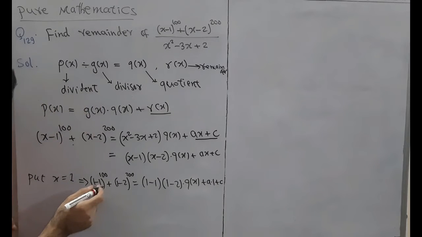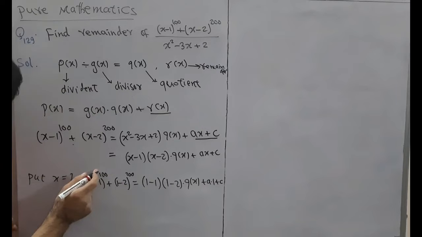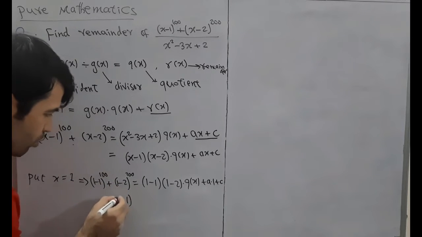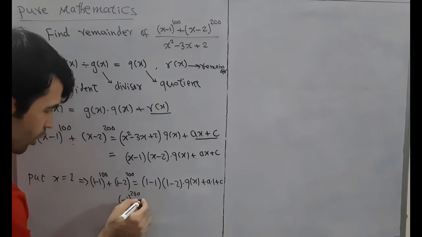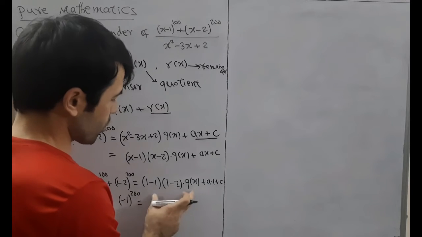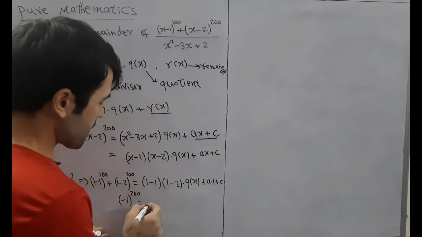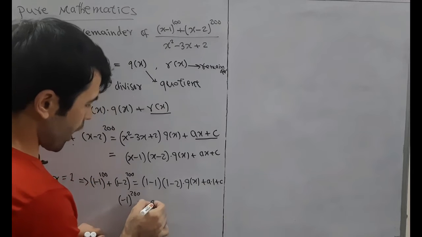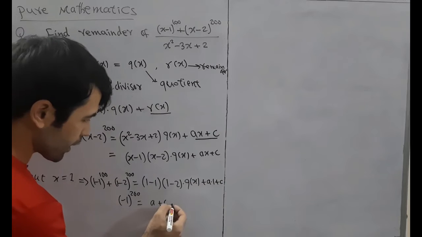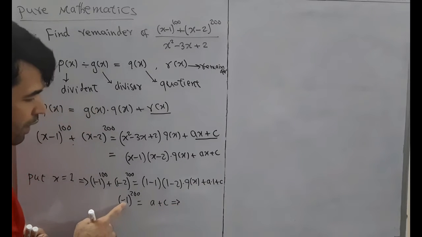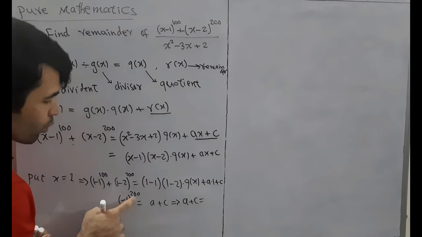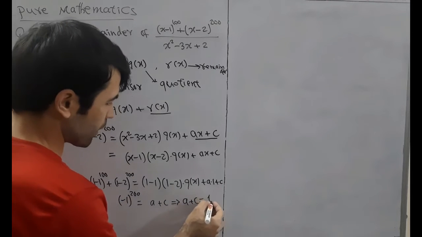Now 1 minus 1 is 0, 0 to the power 100 is 0. 1 minus 2 is minus 1, and minus 1 to the power 200 is 1. The product term becomes 0 since 1 minus 1 is 0. Plus a multiplied by 1, a plus c. This implies a plus c is equal to 1.